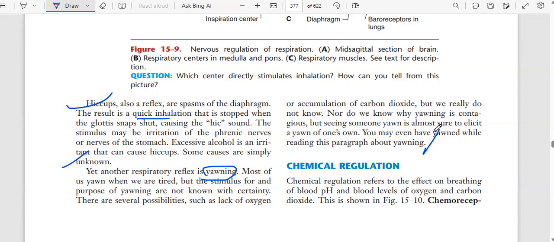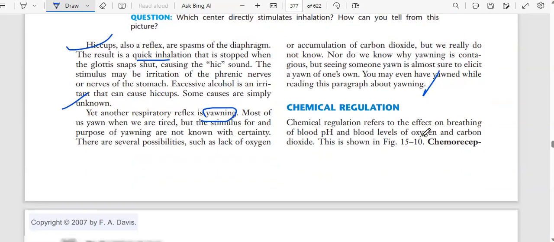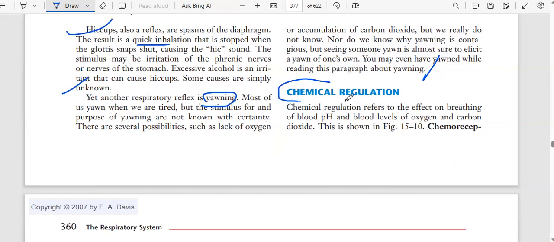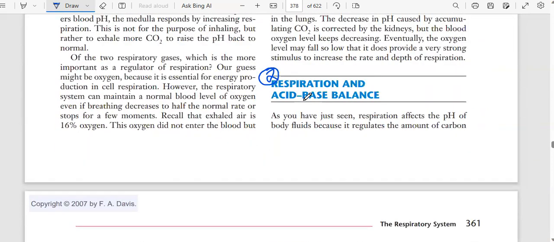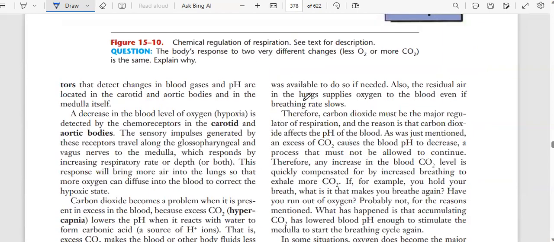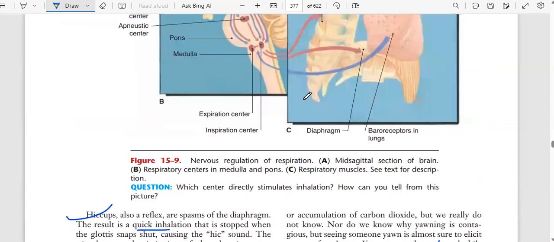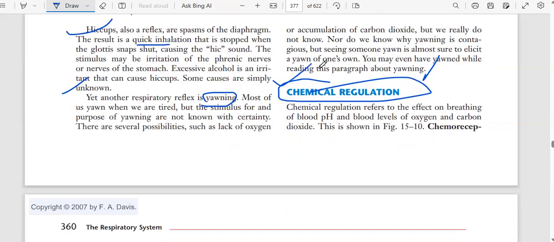Okay. So I think you understood about nervous regulation. Now we talk about chemical regulation. Understood about nervous regulation or any doubts? Yes, sir, understood. Good. Now we will talk about chemical regulation.